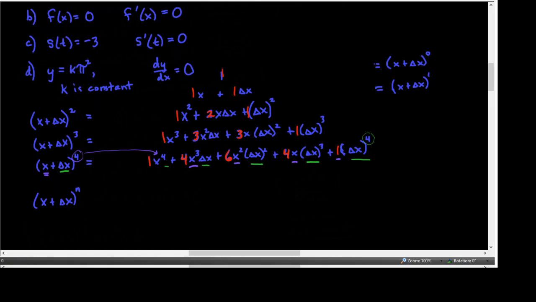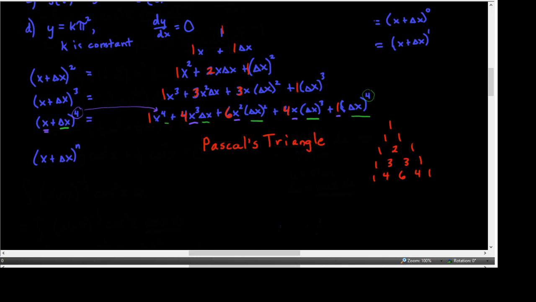Well, a guy by the name of Pascal did, and he built a triangle like this. Notice the triangular shape of it. And this is called Pascal's Triangle. 1, 1, 1, 1, 2, 1, 1, 3, 3, 1, 1, 4, 6, 4, 1, etc. Now, do you see the pattern in how you get that number each time?